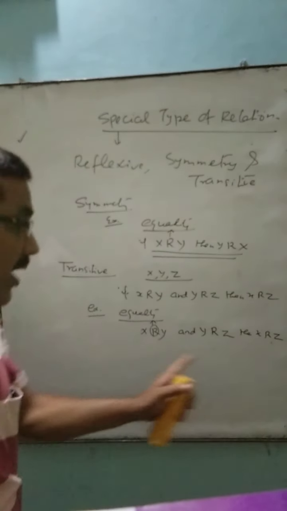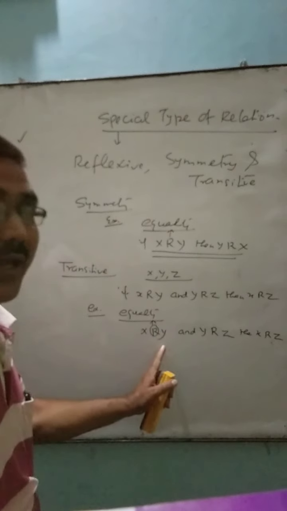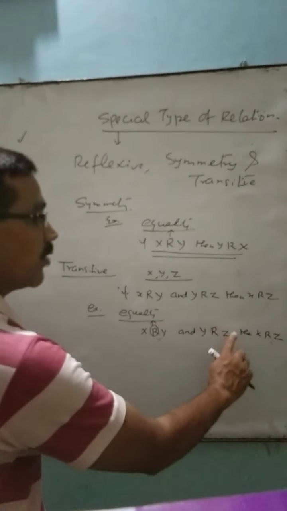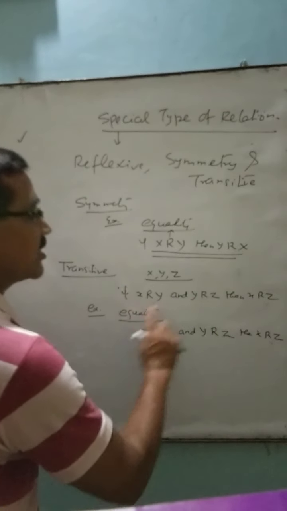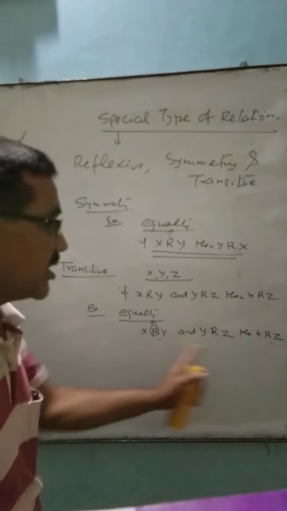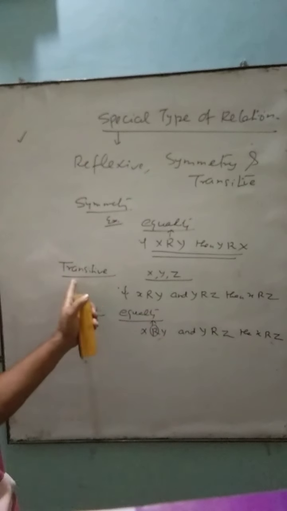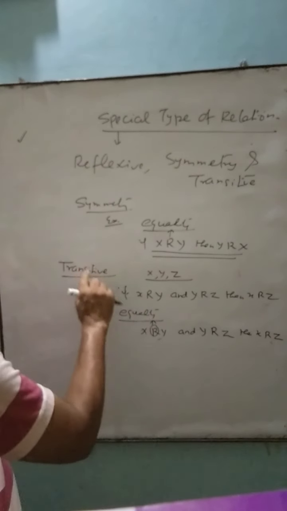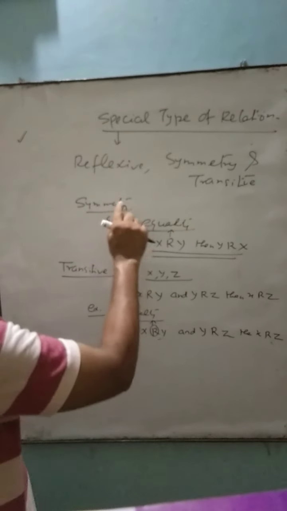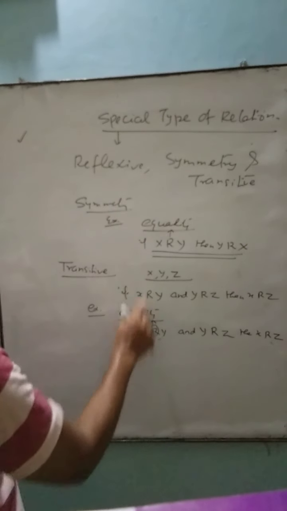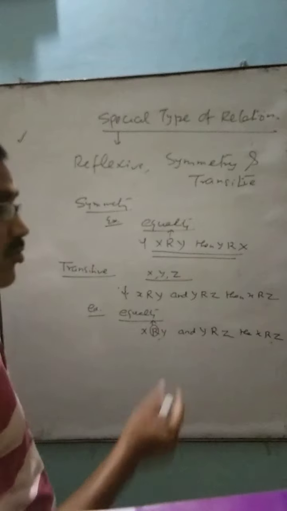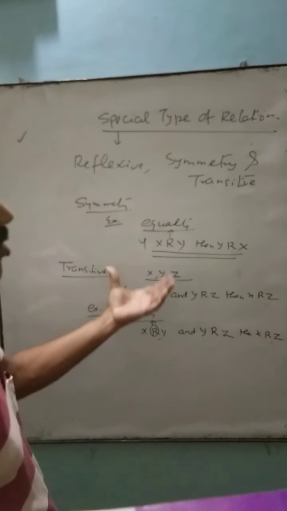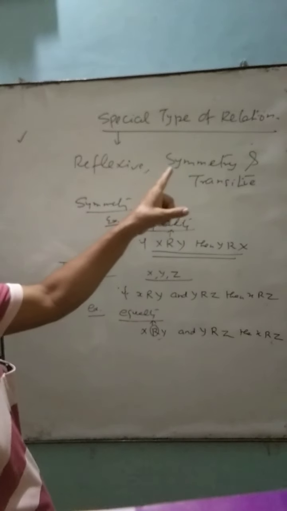Clear to all of you? x is equal to y, whatever the value of y, if they are equal and y is equal to another value z, then definitely x is equal to z. If this property is fulfilled, then it is known as transitive. So equality is the example which is true for transitive also, which is true for symmetry also, and equality is true for reflexive also. So I have taken an example also, and I clarified all the three different special types of relation.